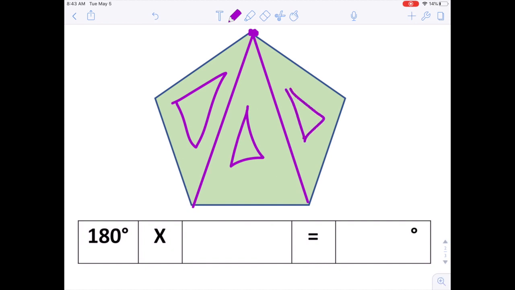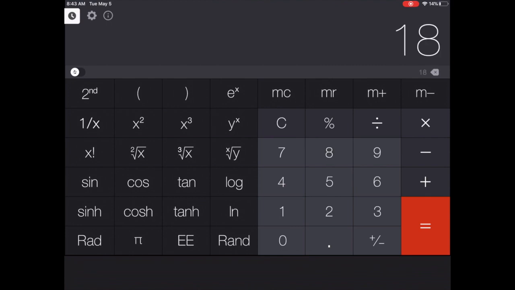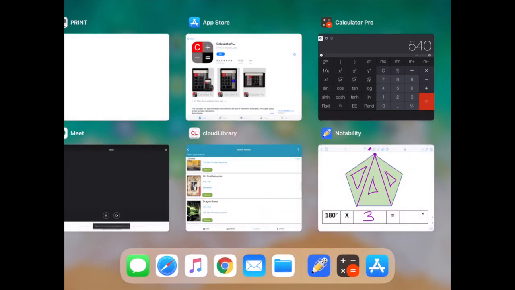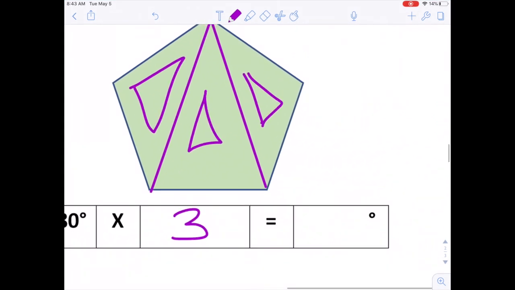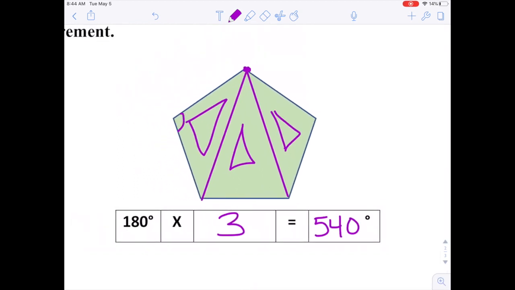So I've made all the triangles. This shape would be 180 degrees times 3. Let's go to our calculator. 540. So the inside of this shape is 540 degrees. If I add up all these angles, it would be 540 degrees.